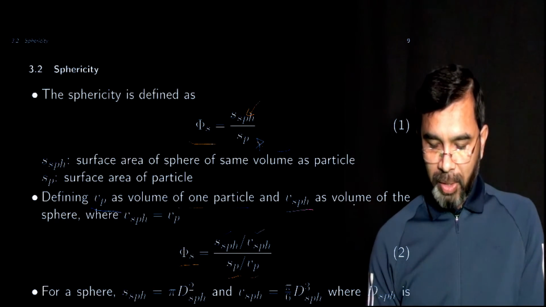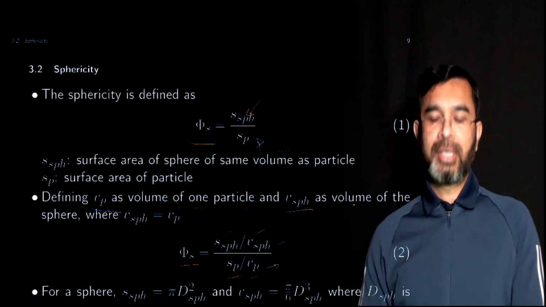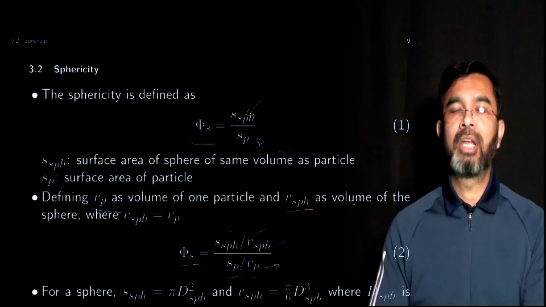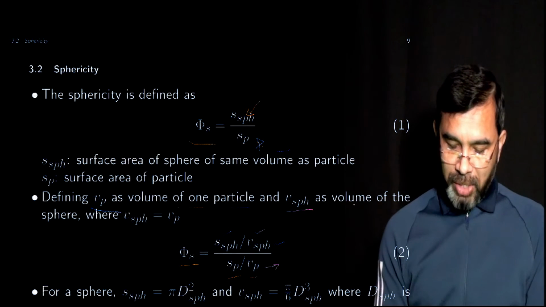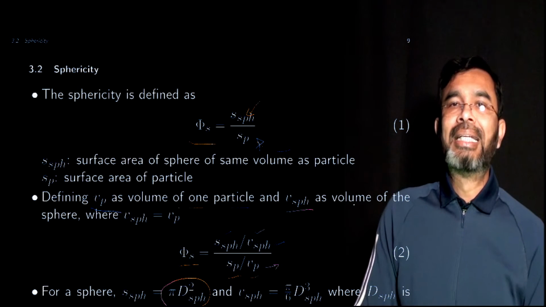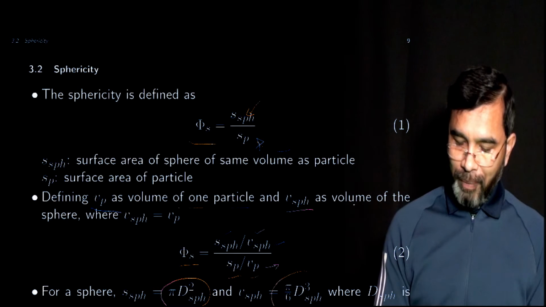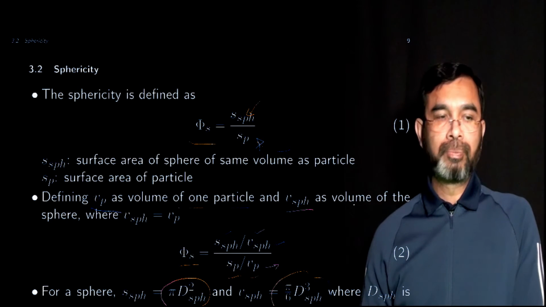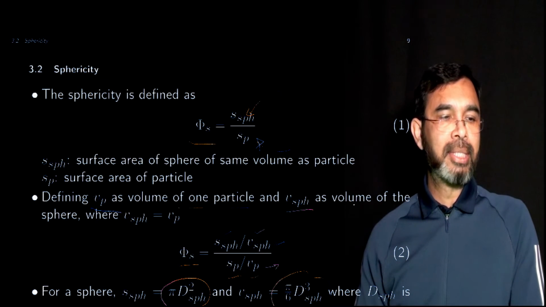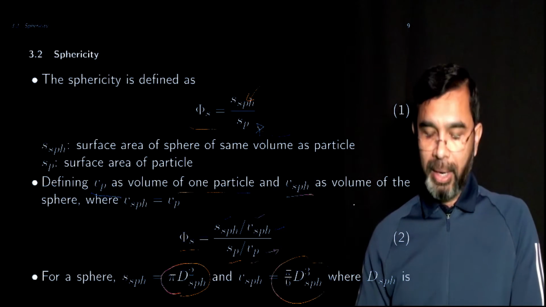Now you see, simply because we said that the particle and sphere have the same volume, those two are the same, so we can divide the numerator and denominator by this. Now for a sphere, the surface area can be defined as pi d squared and the volume can be defined as pi over 6 d cubed, where d_sph is the diameter of the sphere having the equal volume of the particle.